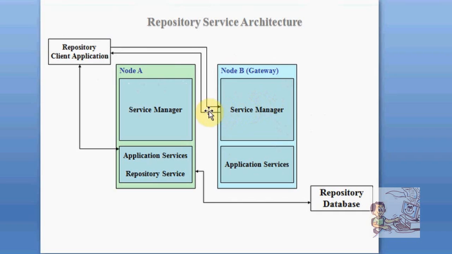Then it replies to that request. After that, the client can access the parent node. From the parent node, we can connect to the repository database. So this is the process at configuration time, based on the types of the nodes. This process will happen.